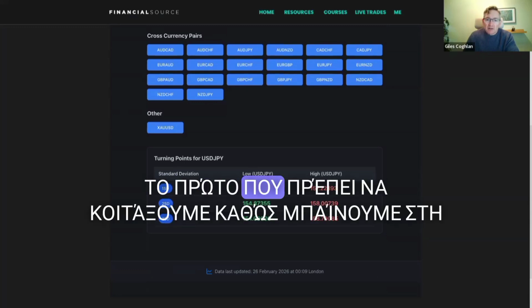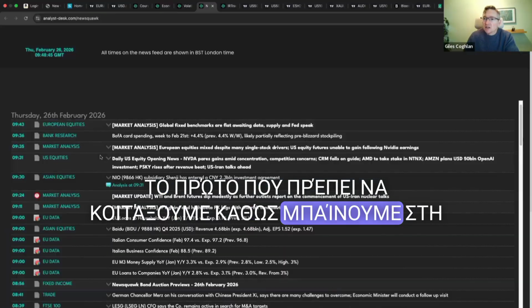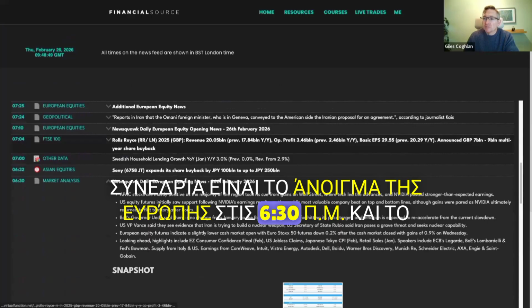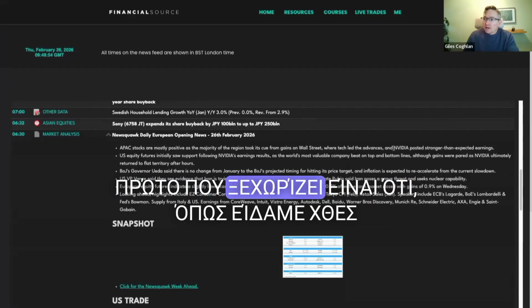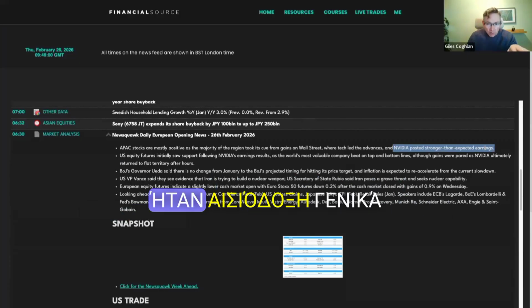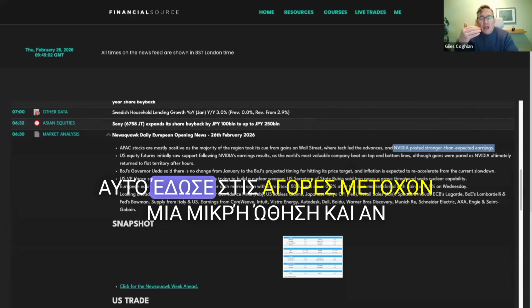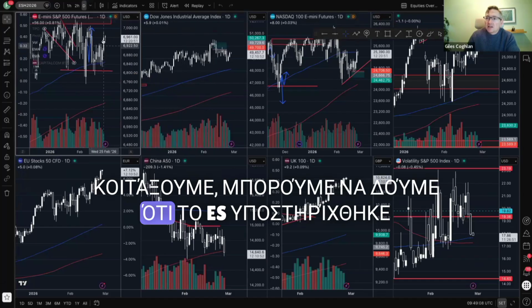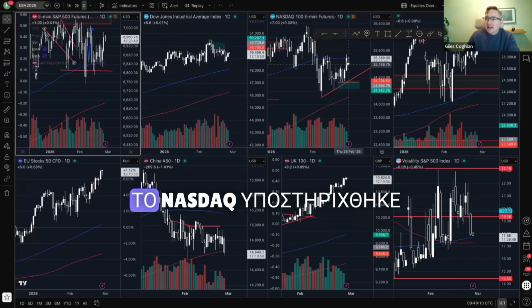First thing to look at as we go into the session is the 6:30 a.m. European Open. The first thing that's standing out is, as we looked at yesterday, NVIDIA posted stronger than expected earnings and was upbeat across the board. That gave equity markets overnight a little bit of a lift. You can see ES supported, NASDAQ supported.